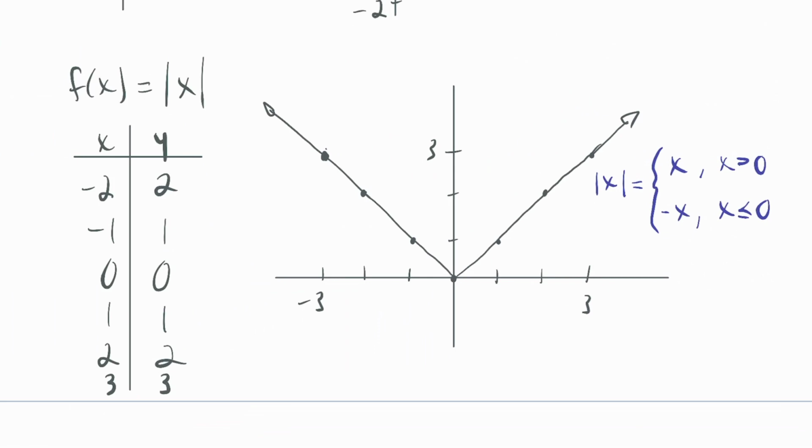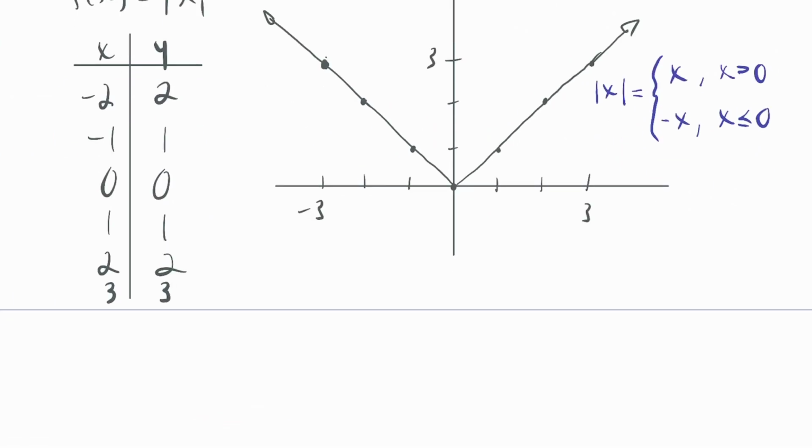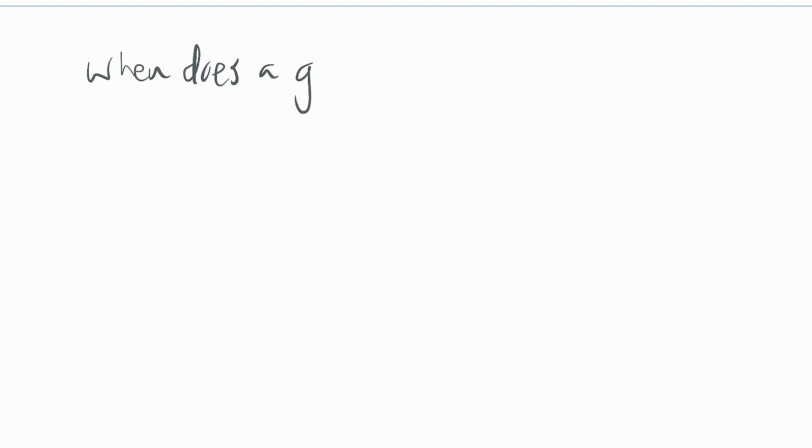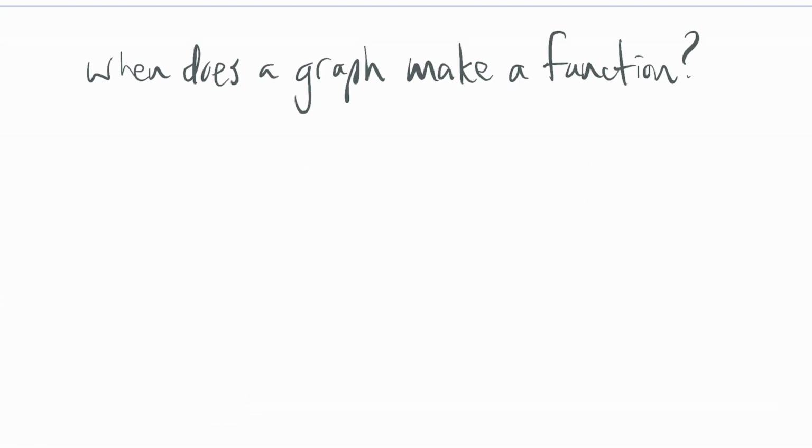So the last thing I want to talk about is how do you tell when a graph makes a function or not? So when does a graph make a function? So far, all of these have been functions because we're starting with a function.